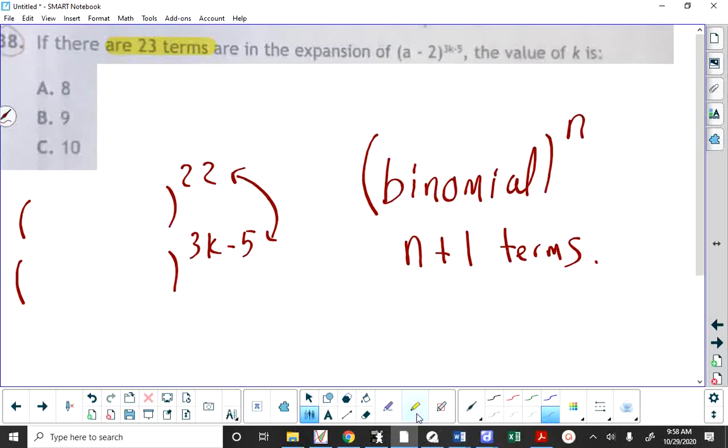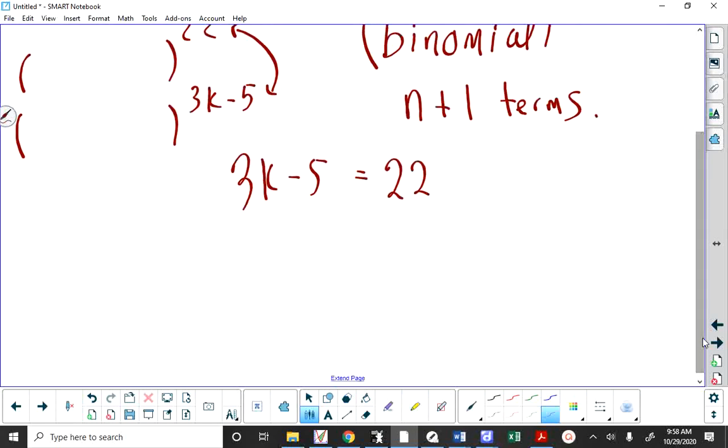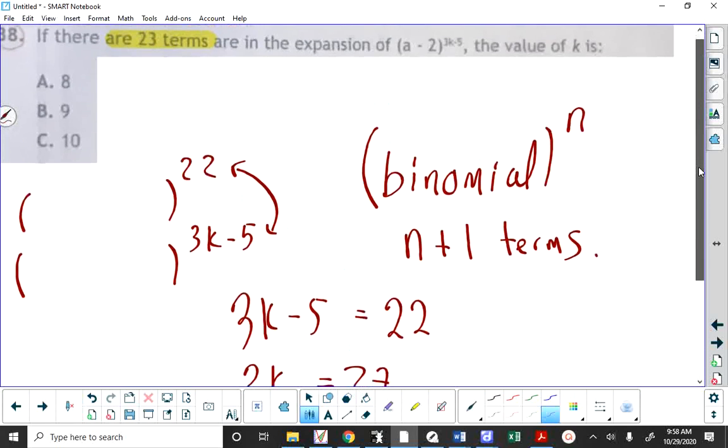So if we get 23 terms, then the exponent must be 22. Since the exponent is 3k minus 5, 3k minus 5 must equal 22. And it becomes a matter now of just solving that for k. Adding 5 to both sides and getting 3k equals 27, dividing both sides by 3 and getting k equals 9. So the correct answer would be B.